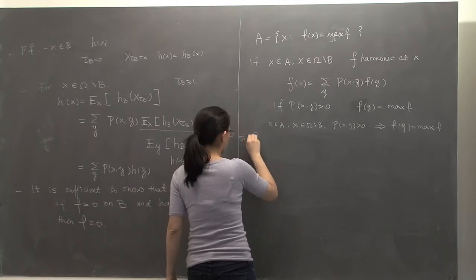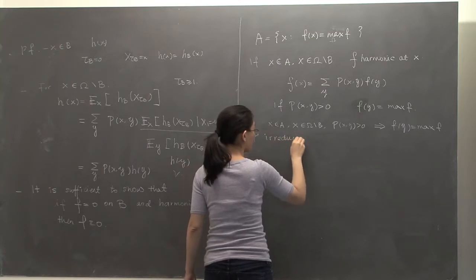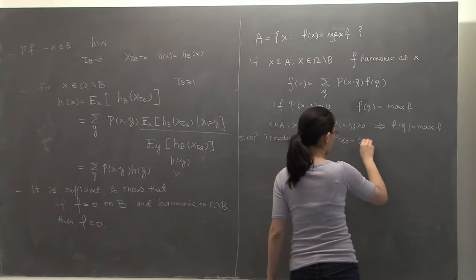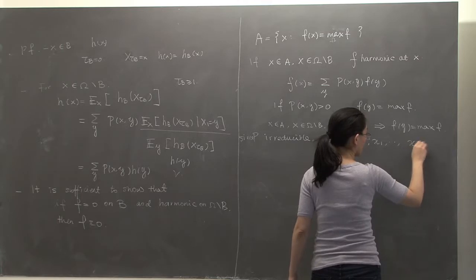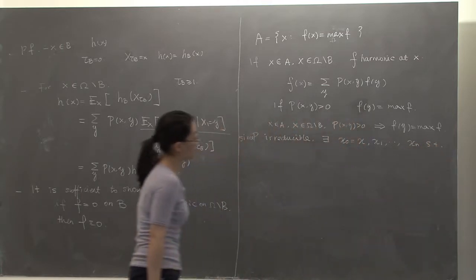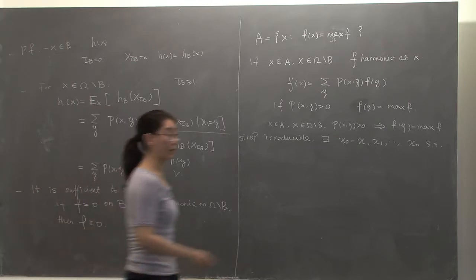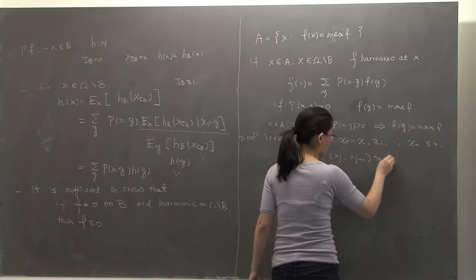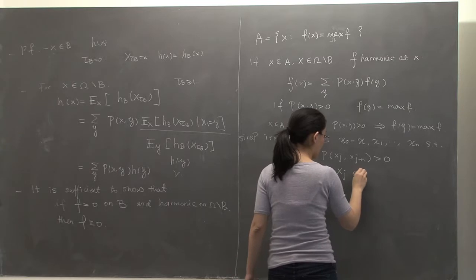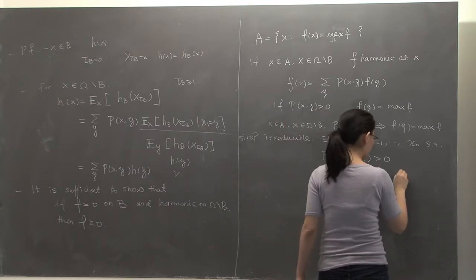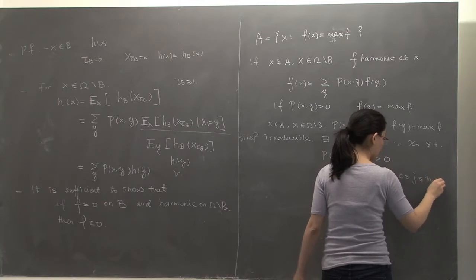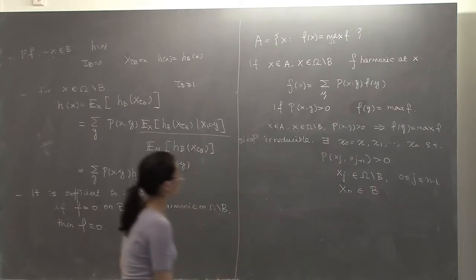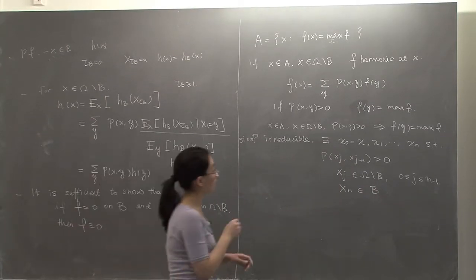Since p is irreducible, there exists a path.